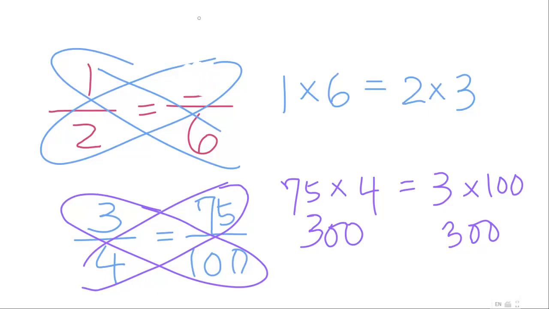So if this 3 were an unknown, okay, if this were x, then we could end up saying 2x equals 6, right? 2 times x equals 6. And that way we could determine that x equals 3. Simple algebra, right?